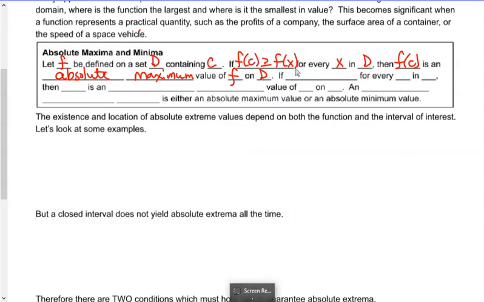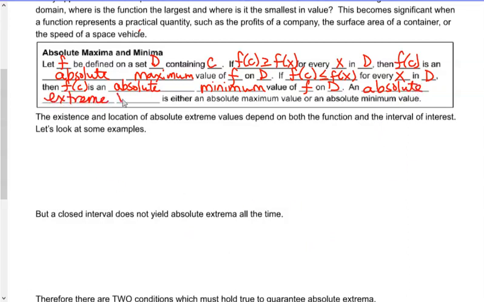Now, if we do the reverse of that, if f of c is less than or equal to f of x for every x in our domain D, then that y value, again, that f of c, is what we would refer to as an absolute minimum value of f on D. Now, when we talk about both of them together, that's what we refer to as an absolute extreme value.